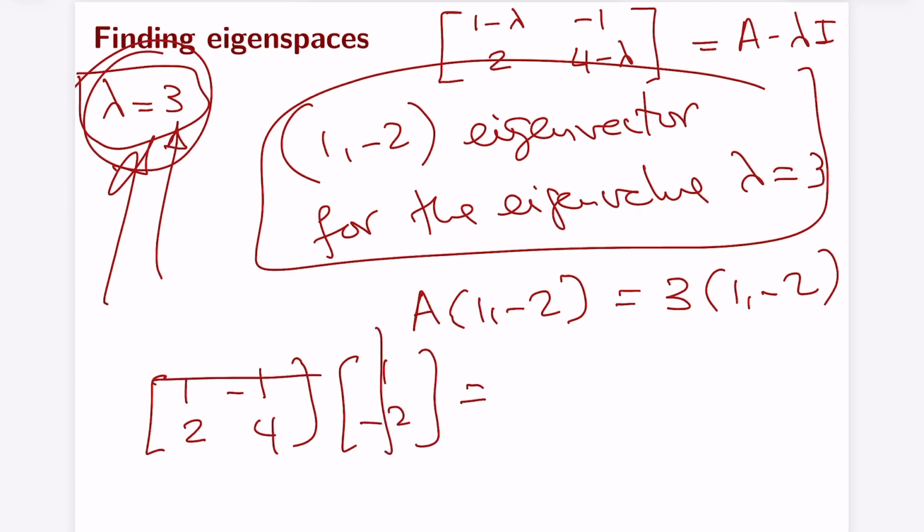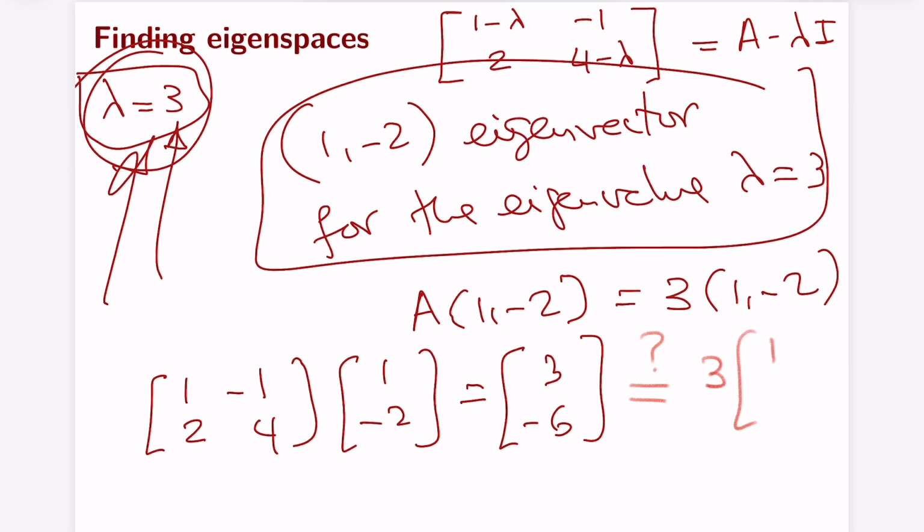We obtained 3, minus 6. The question is, is this really equal to 3 times 1, minus 2? And it is. 3 times 1 is 3, and 3 times minus 2 is minus 6.